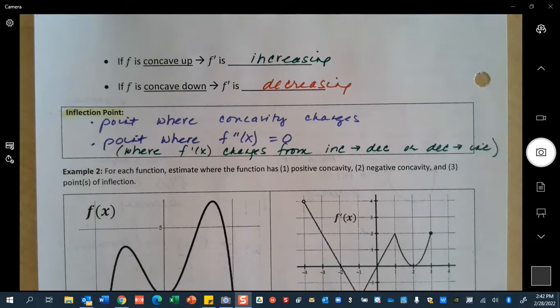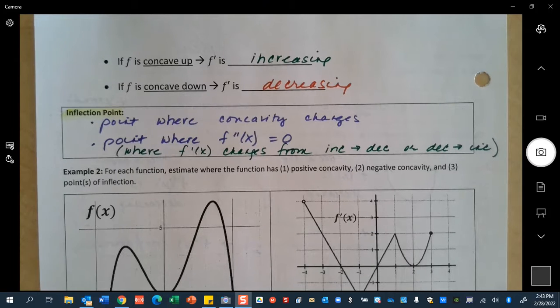So it's that point where f of x changes from increasing to decreasing or decreasing to increasing. So just like the critical point told us where this was happening, and that matched where this was happening, now we're going to have this point of inflection where we switch from being concave up to concave down, and that's going to be where our derivative of the derivative is equal to 0.